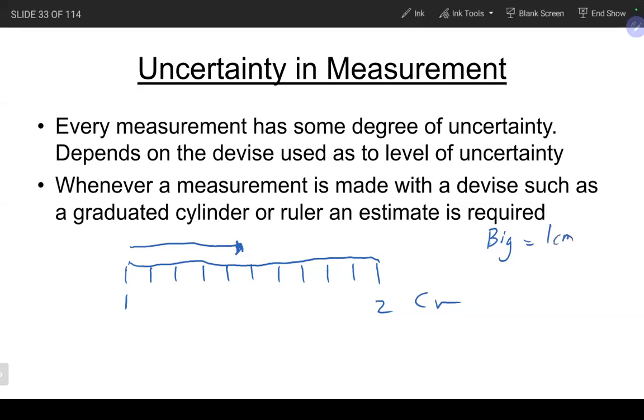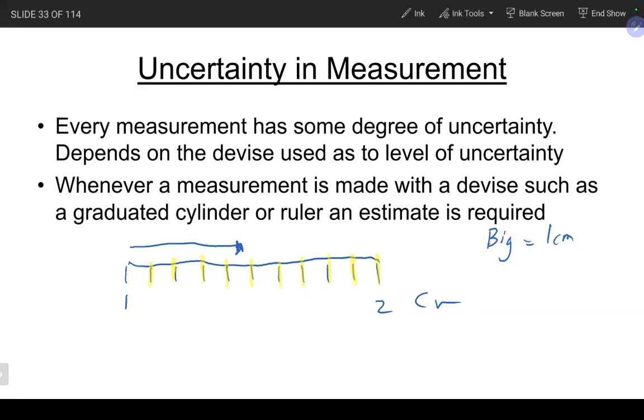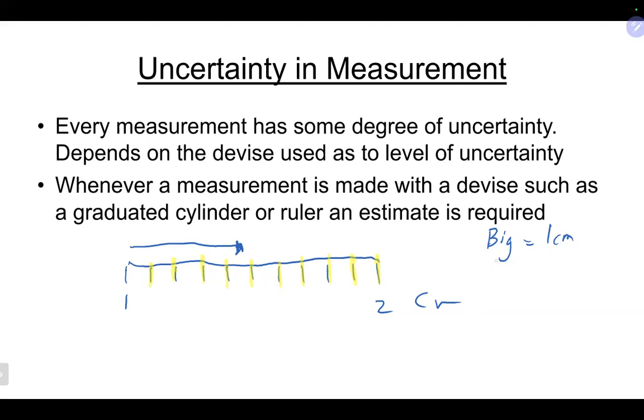When we look at the markings between the large markings, we can count up how many we have. In this case, we always start to the right of the next big marking. So that would be 1, 2, 3, 4, 5, 6, 7, 8, 9, and 10, so we have 10 of the little markings. If there are 10 markings between 1 centimeter, each marking represents how much?